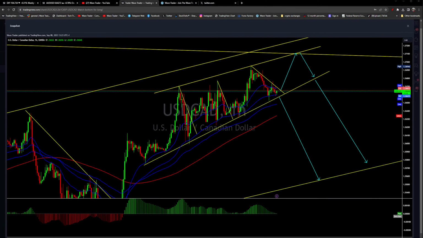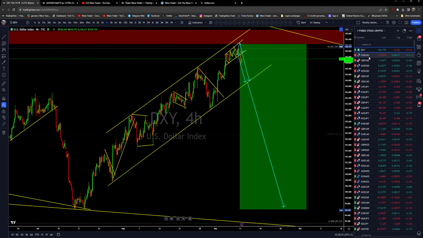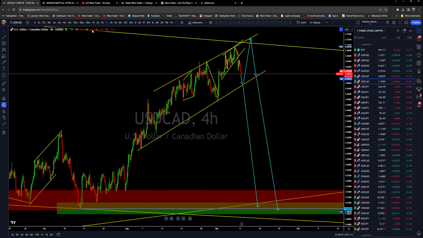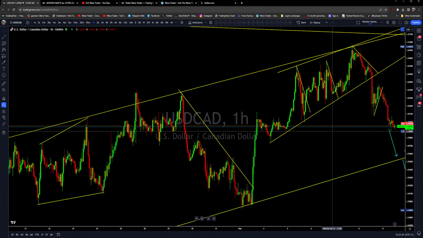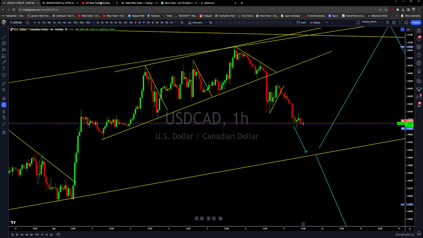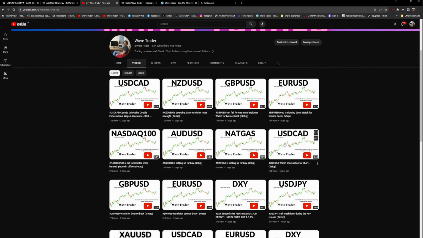In the dollar CAD video analysis, I have spoken about that. We got a nice breakdown opportunity during the labor data, and then another correction was building. I think that correction also broke out on dollar CAD. Let's look at that. Yes, that correction also broke out, the correction which I was talking about in that dollar CAD setup, in this dollar CAD chart.